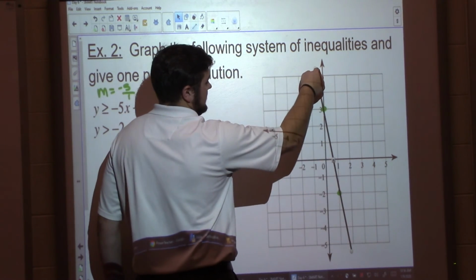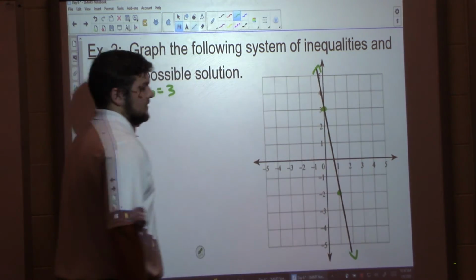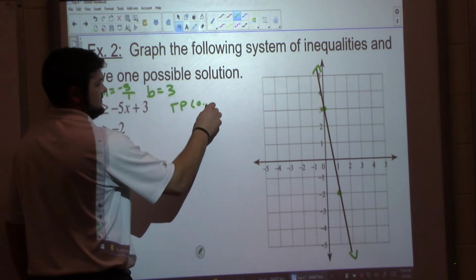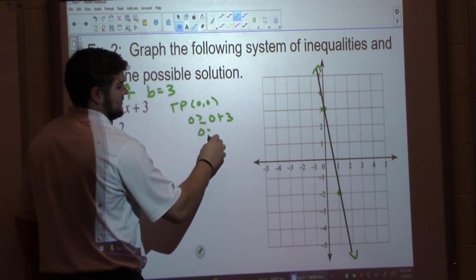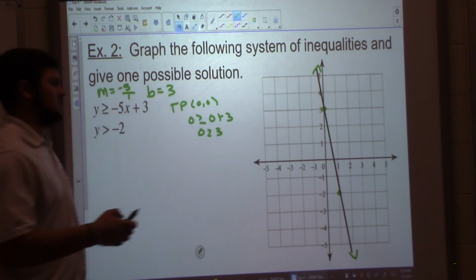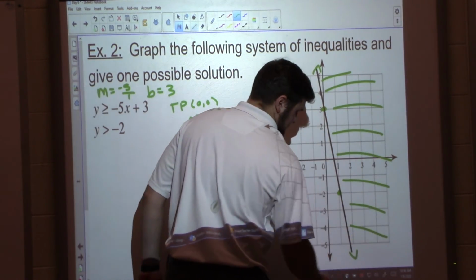And I have to figure out which way I'm going to shade, so I do a test point. 0 greater than or equal to 0 plus 3. Is 0 greater than or equal to 3? No, so we're going to shade the side opposite 0, 0.